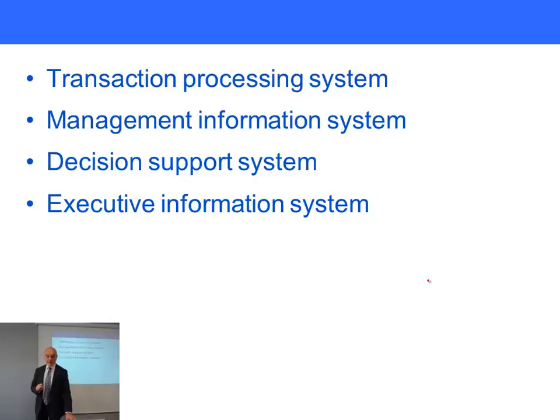Decision support systems, think about the name, it's supporting decisions. It's not making the decisions. Sometimes management information systems can actually make the decision. If you have a credit limit of, let's say, $10,000 in somebody's account, and they're sitting there owing you $9,000, and an order comes in for another $5,000, that would bring them up to $14,000, above their credit limit, then the IT system, information technology system, can actually refuse that order.